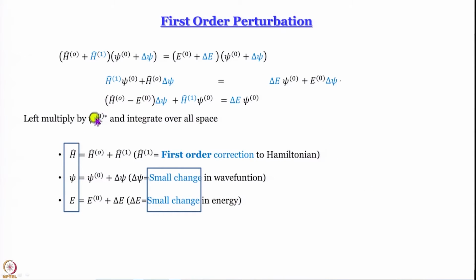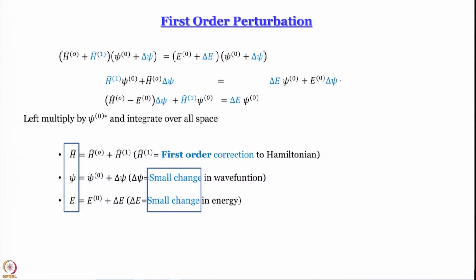Here we said that let us not forget that this unperturbed Hamiltonian minus the unperturbed energy is in itself an operator. In this case it is operating on delta psi. The problem with that is that we do not know what happens when it operates on delta psi.